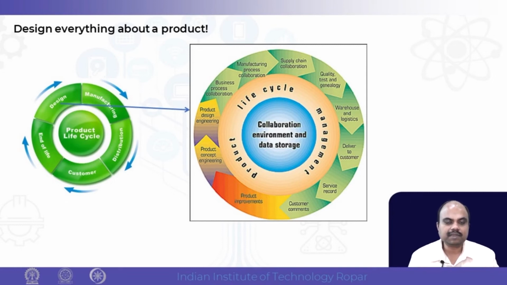Even in the design phase itself, a lot of decisions have to be taken, especially for bigger products where more components and more complexities are involved. That is business process collaboration, manufacturing process collaboration, and supply chain. We have to decide quality testing, how the quality of the product will be tested.